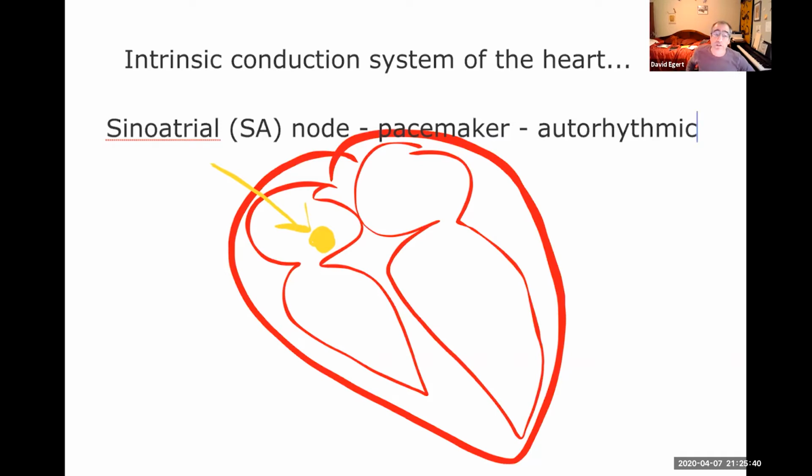What would parasympathetic do to the sinoatrial node? Would it speed it up or slow it down? Slow it down. Whereas sympathetic would speed it up. In fact, the sinoatrial node has an intrinsic speed of about 100 beats per minute.